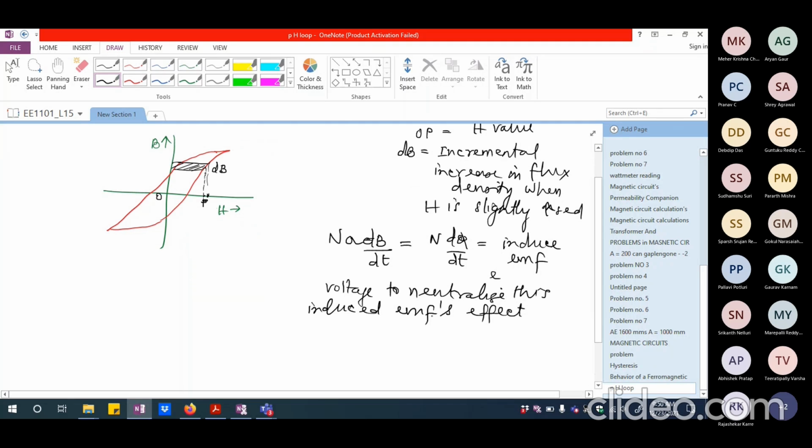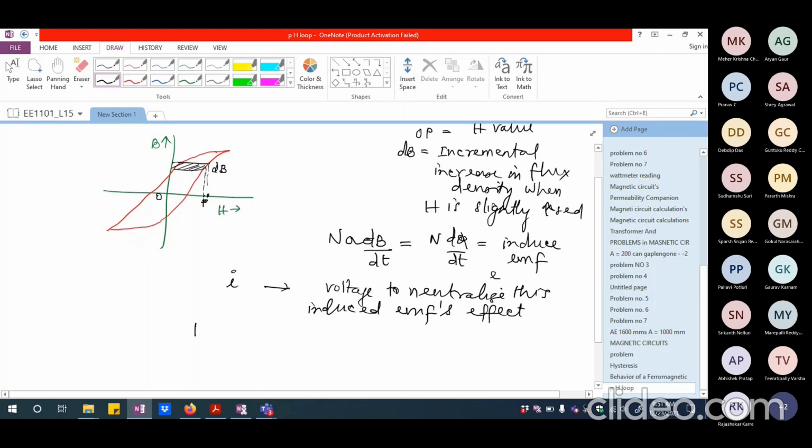Now, this is the voltage that you have applied, but simultaneously a current I is definitely flowing through this coil, which is creating the extrinsic flux, which is the root cause for all these magnetic domains to align themselves along the extrinsic flux itself.